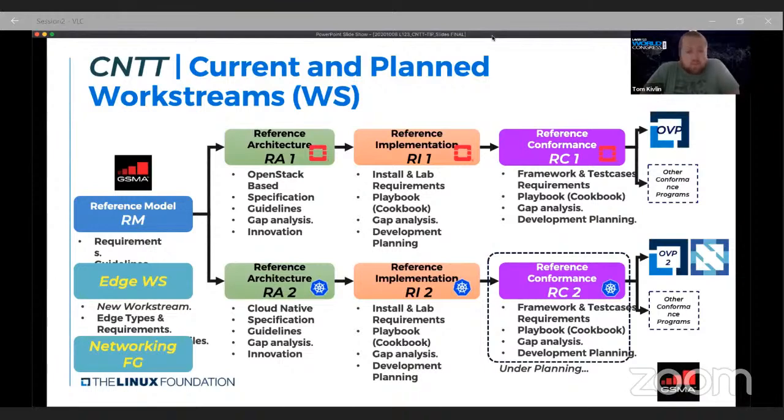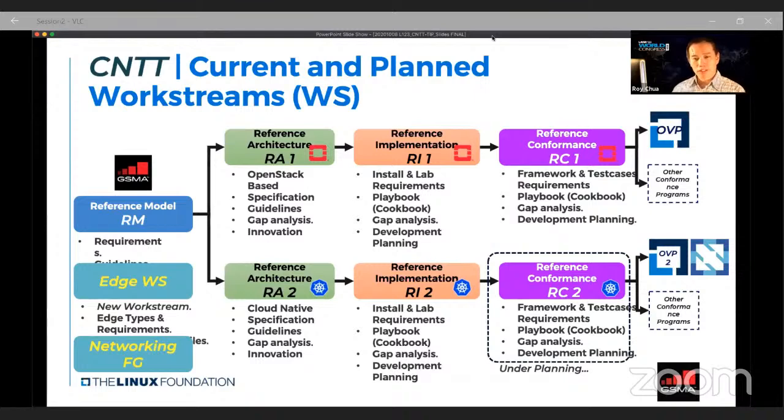And so the scope of this panel is the work that's being done in reference architecture 2, which is the Kubernetes-based reference architecture for cloud infrastructure for telcos, and how that's being used by TIP within the Open Core project. Got it.